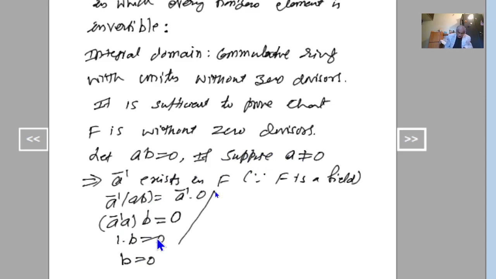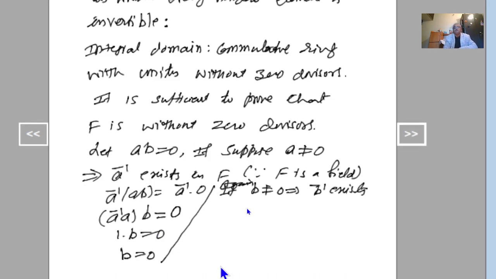Again, I'll consider like this. If B not equal to 0 implies that B inverse exists. Okay, so again, if B not equal to 0, then B inverse exists. Then operating B inverse on the right onto this equation.